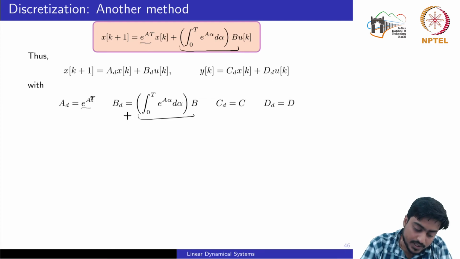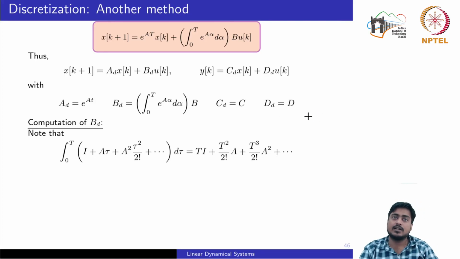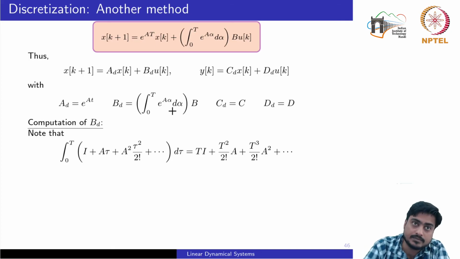Here, for the computation of BD, we need to compute this integral, right? But we also have a solution for that. Instead of computing the integral, we can write the closed form solution. First, note that given this series, if I take the integral of this series from 0 to t, the first term would be t, then A t square by 2 factorial, and similarly for the rest.